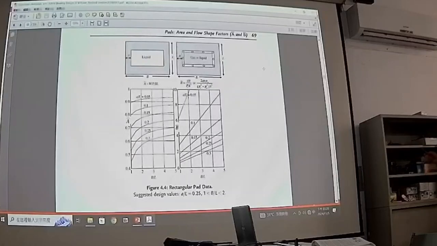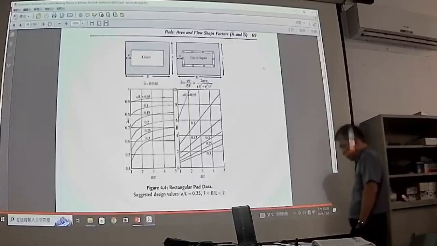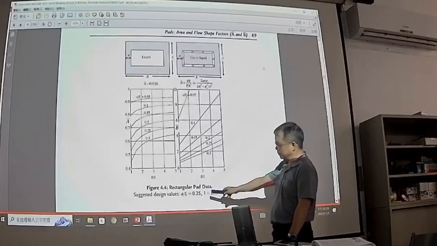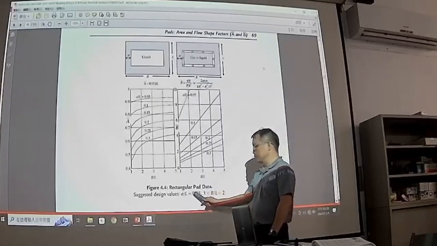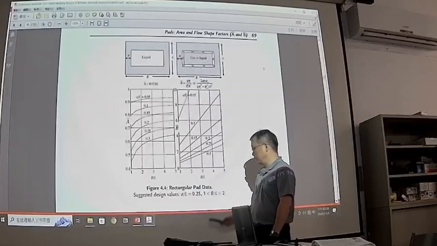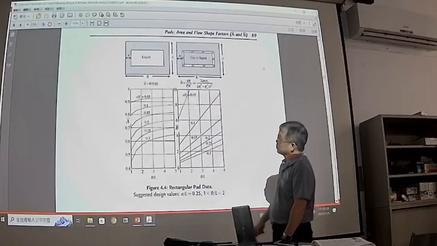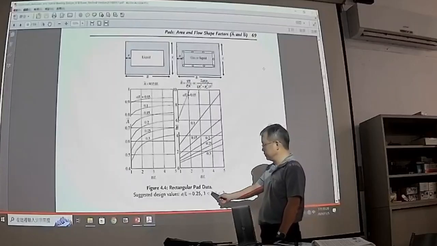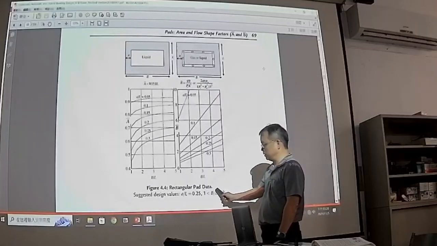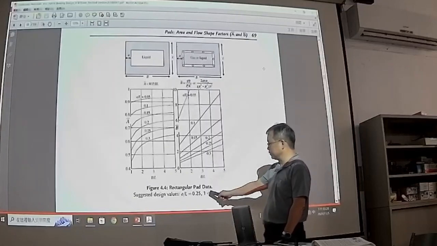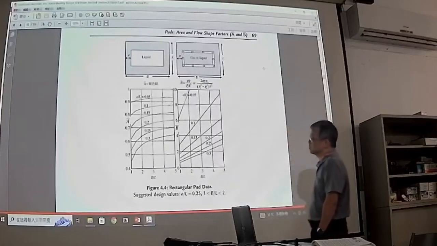So again, on the right hand side is the virtual recess design. For this, they have a different choice of parameter. The length ratio equals 0.25, and for the rectangular shape, the length divided by width between 1 and 2, you can use this chart.